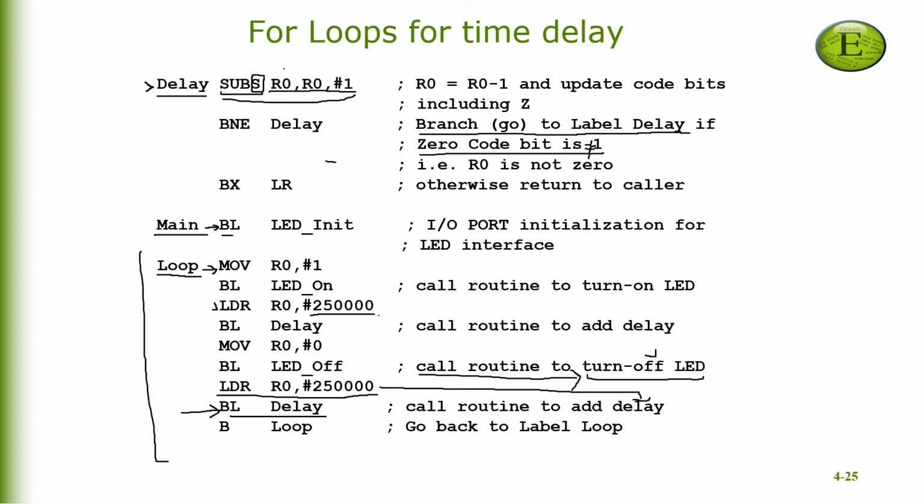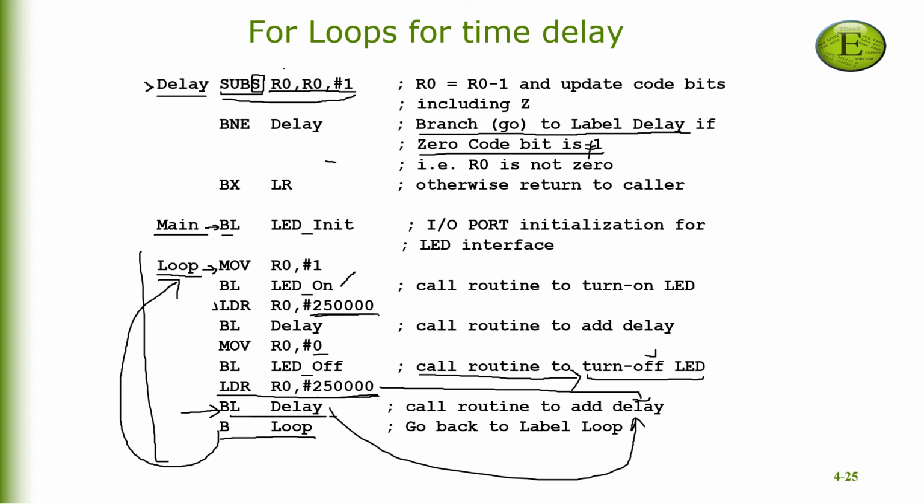That do-nothing or wait time period constitutes the delay. Once the LED remains off for this much time, the delay has finished, and then we are going to go back to the loop. So this process repeats, and in the next cycle, the LED will be turned on, remain on for 250,000 time steps, and then be turned off, remaining off for about 250,000 time steps.